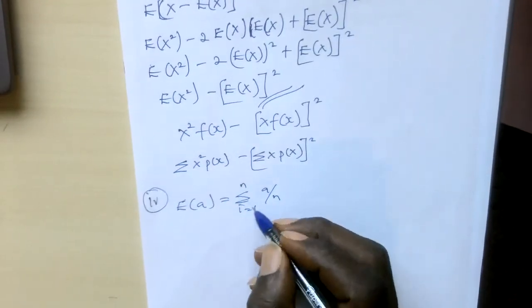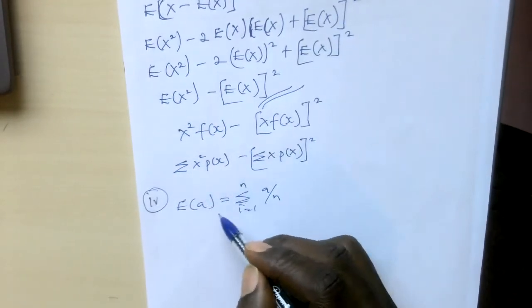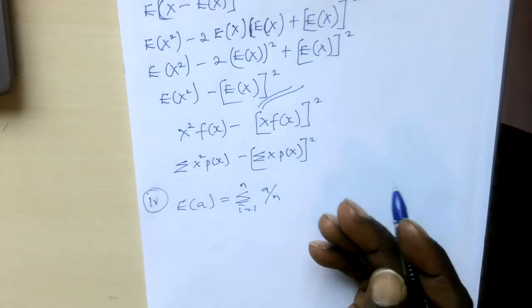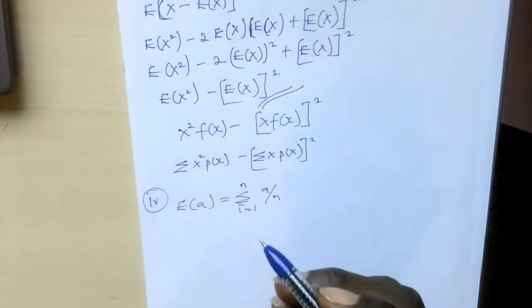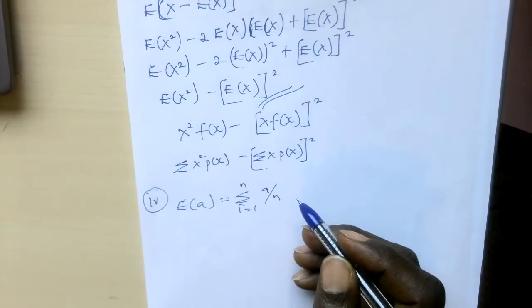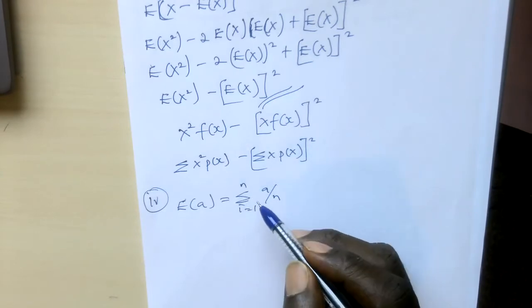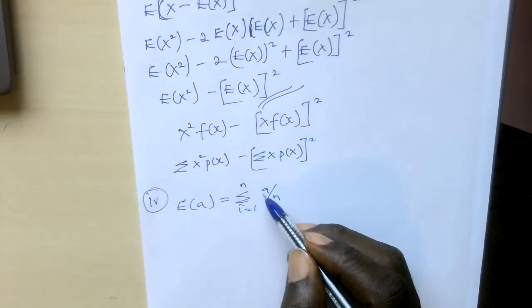The expected value of a just means the mean of a, and I proved this earlier in the first question. But here we are also told that a is a constant, so the summation just returns n times a.